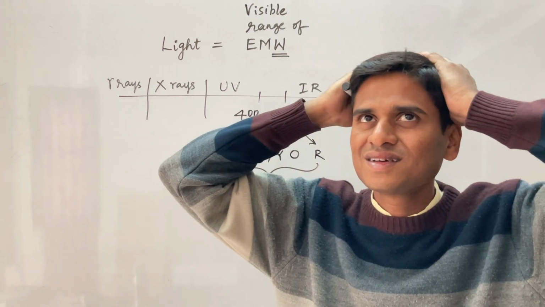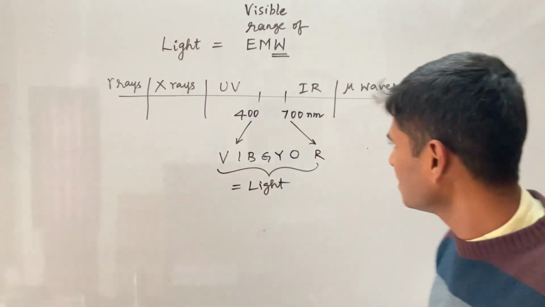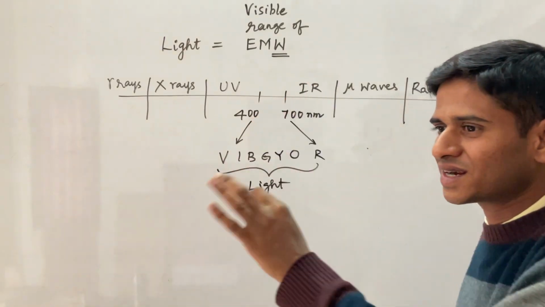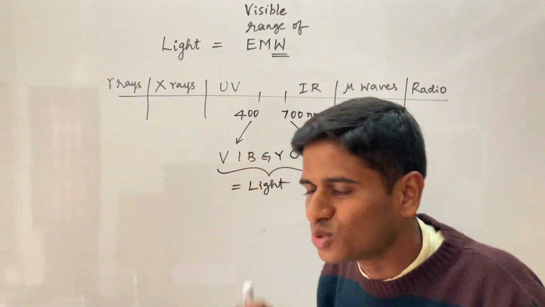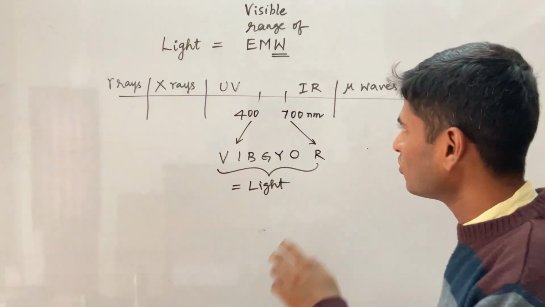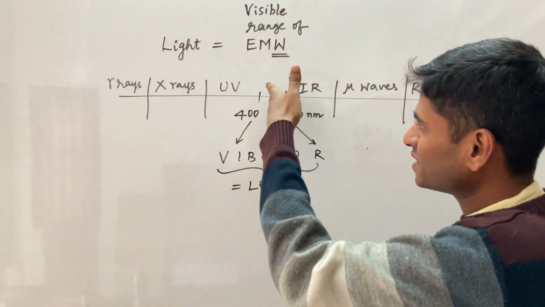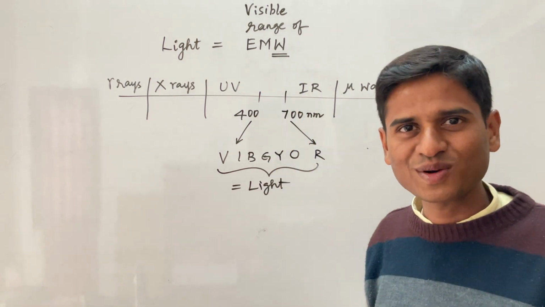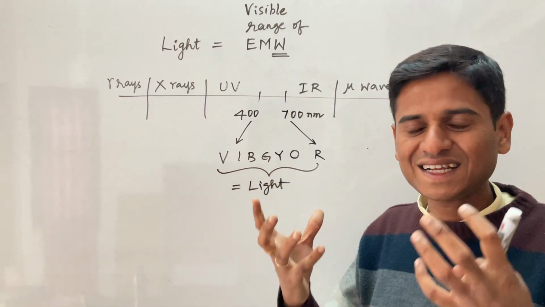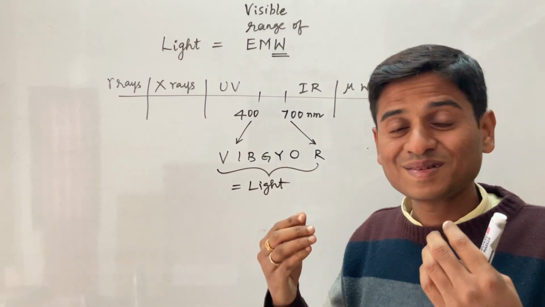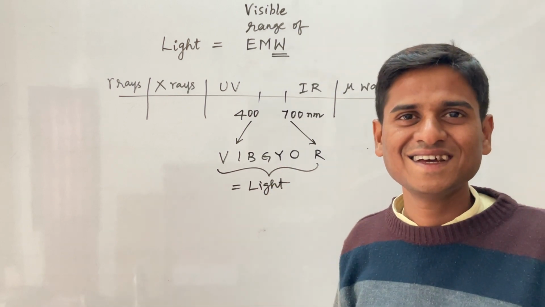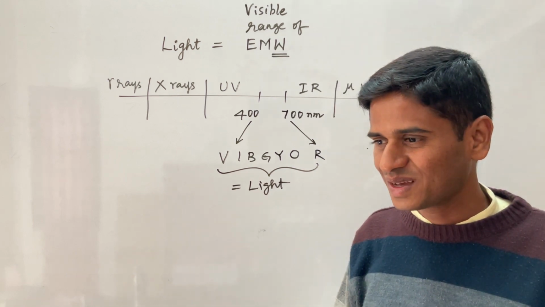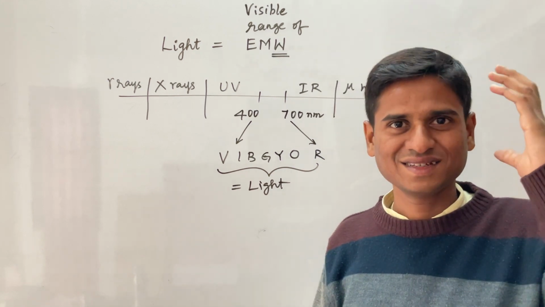Hey God, what is happening? How is it that a 700 nanometer electromagnetic wave is appearing to be red? And somewhere in between, 500 nanometer corresponds to yellow. How are these colors actually manifesting? The answer is our brain.